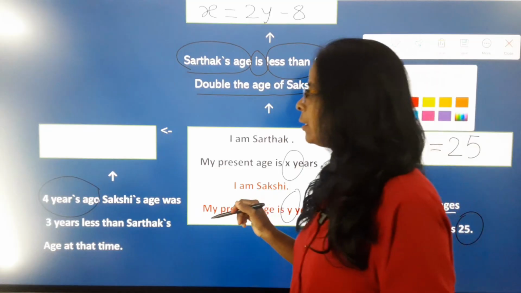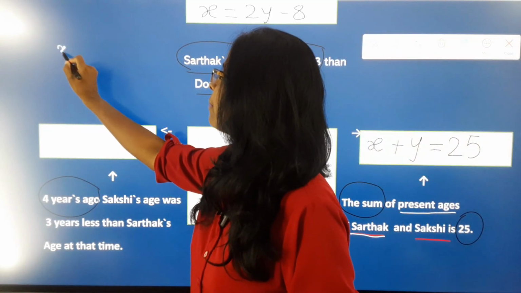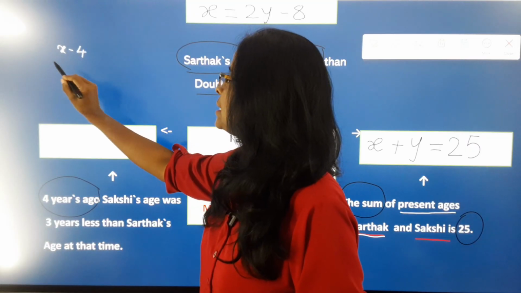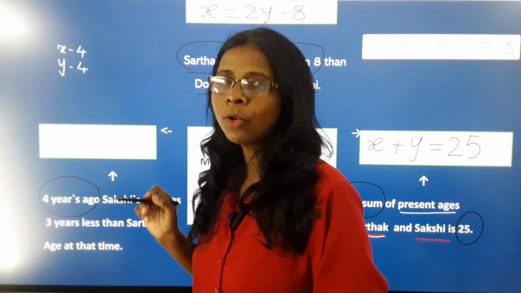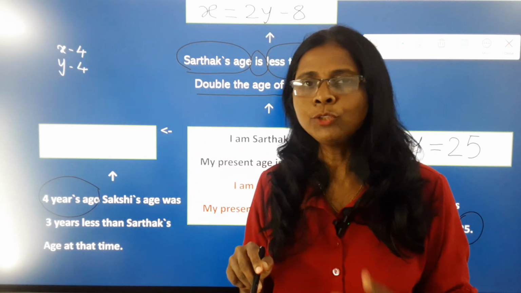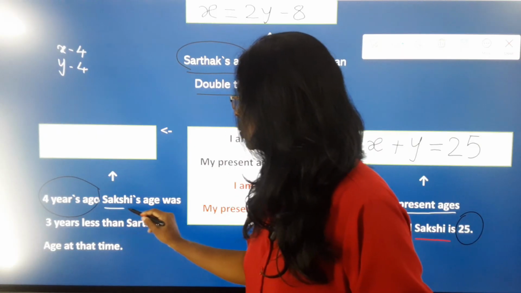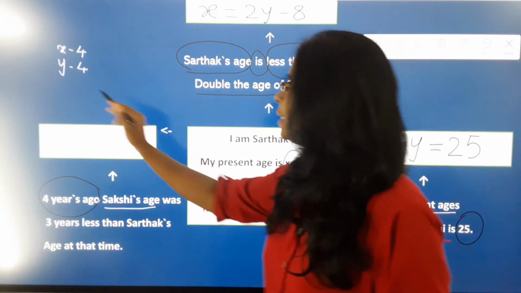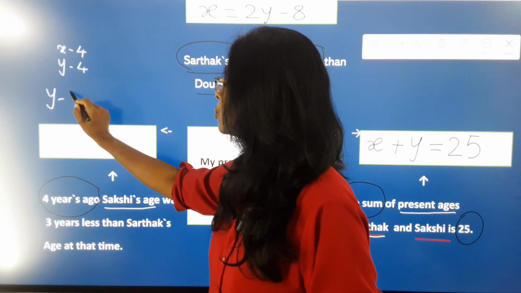So 4 years before, Sarthak's age was x minus 4 and Sakshi's age was y minus 4. We subtracted 4 because 4 years ago. Then Sakshi's age is y minus 4, so I write here y minus 4.